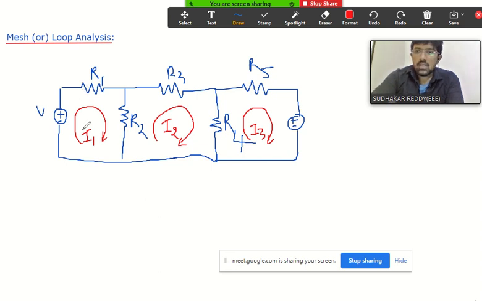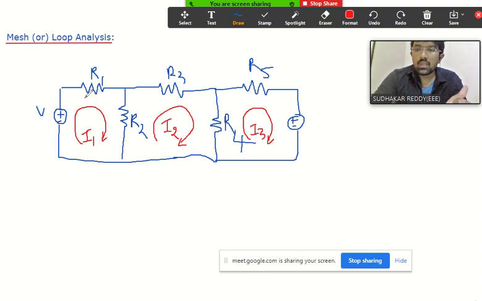After assuming the loop or mesh currents, the next step in mesh or loop analysis is to indicate the polarities across each and every element based on our assumed loop currents.